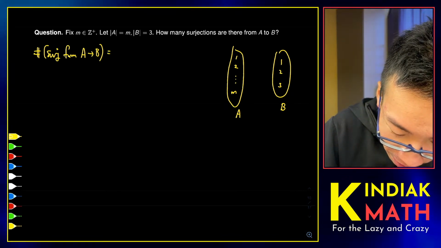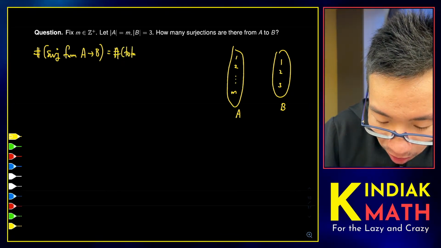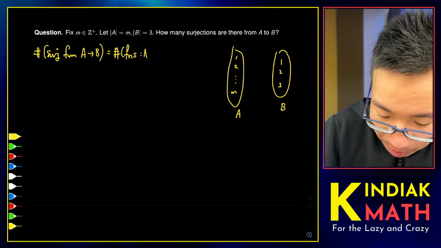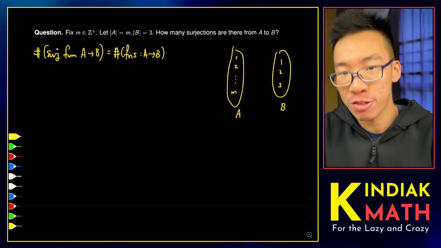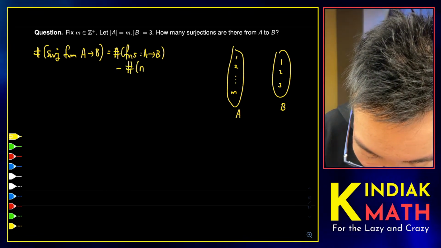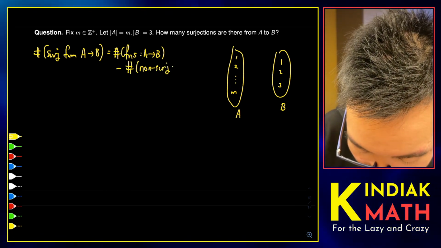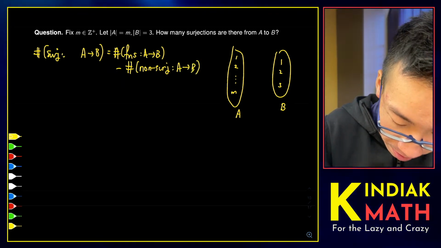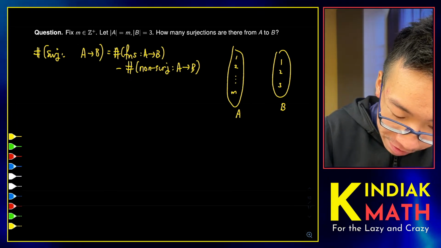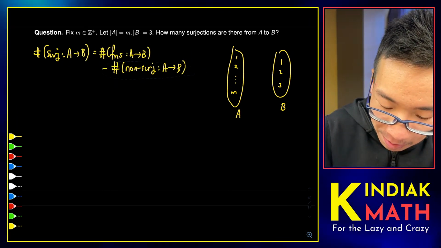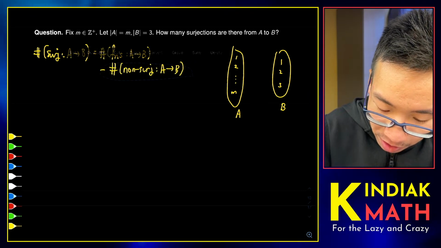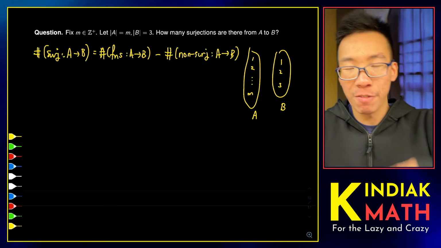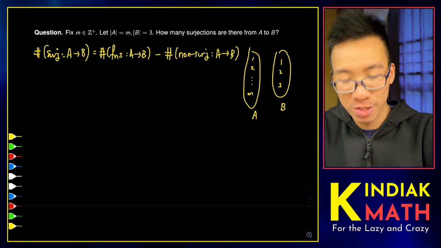So what if we took the total number of functions from A to B and we subtract out the non-surjections from A to B? Right? So that's the idea. What if instead of counting everything directly when it might be a little bit tricky to work with, we work with a simpler situation. We take the number of functions minus away the number of non-surjections.